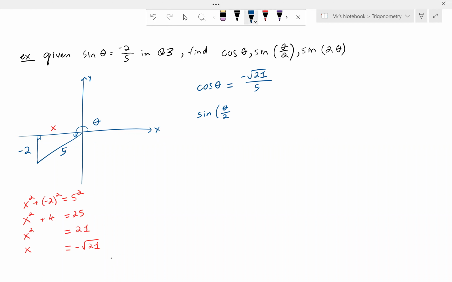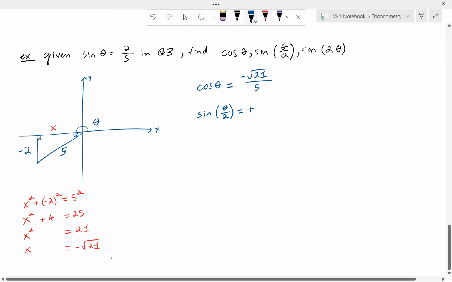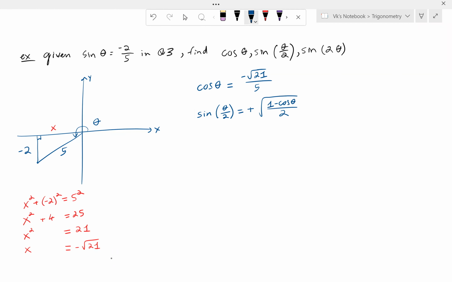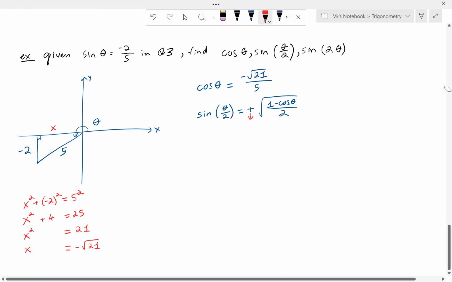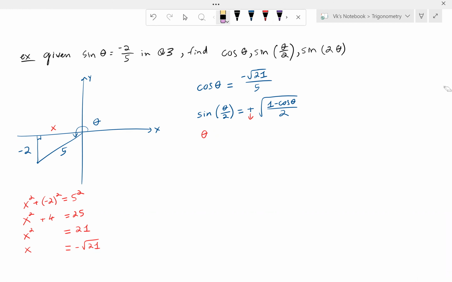Sine of theta over 2. Well, that would be a positive root of 1 minus cosine theta over 2. The sign is positive because we know theta is in the third quadrant, so that is between 180 degrees and 270 degrees, which tells us that theta over 2 is between 180 divided by 2 is 90 degrees, 270 divided by 2 is 135 degrees.